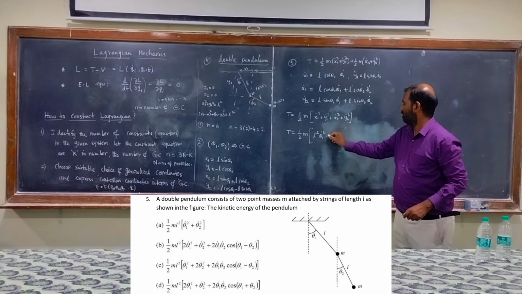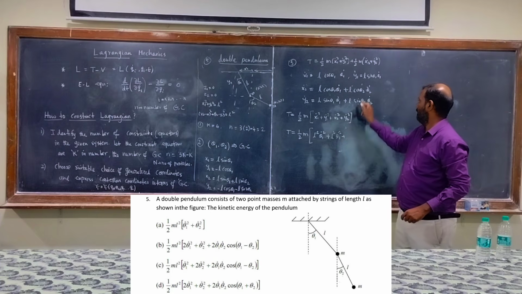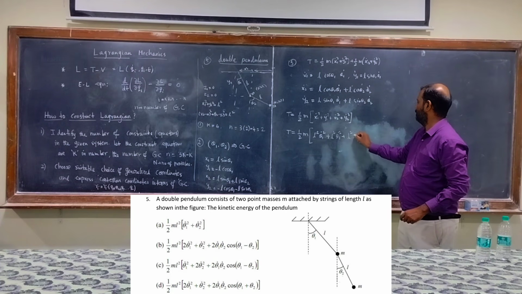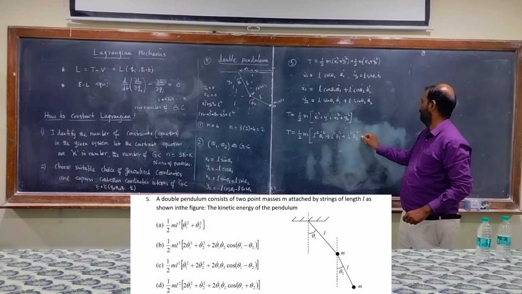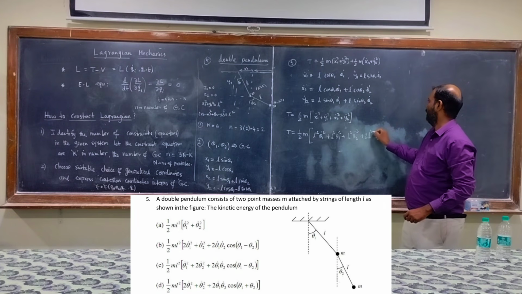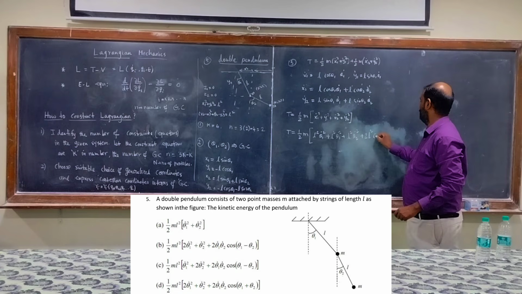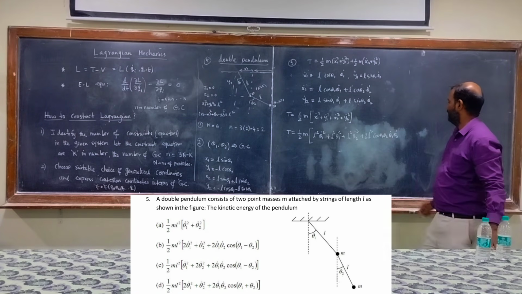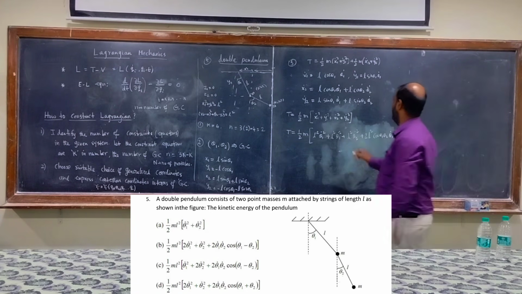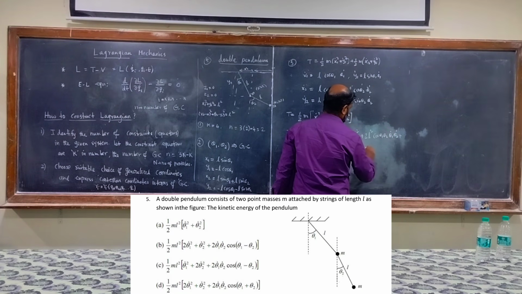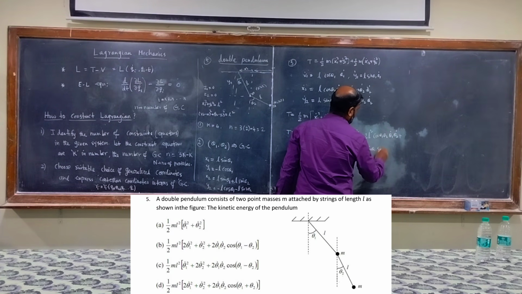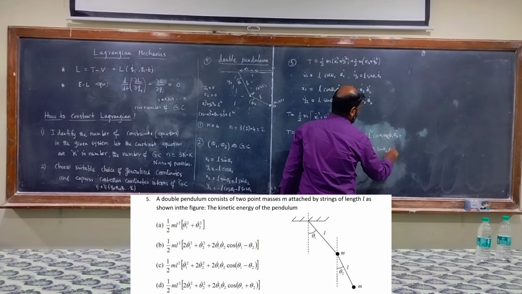L square theta 1 dot square, in the same way L square theta 2 dot square, plus 2L square cos theta 1 theta 2 theta 1 dot theta 2 dot, and in the same way 2L square sin theta 1 sin theta 2, cos theta 1 cos theta 2, theta 1 dot.